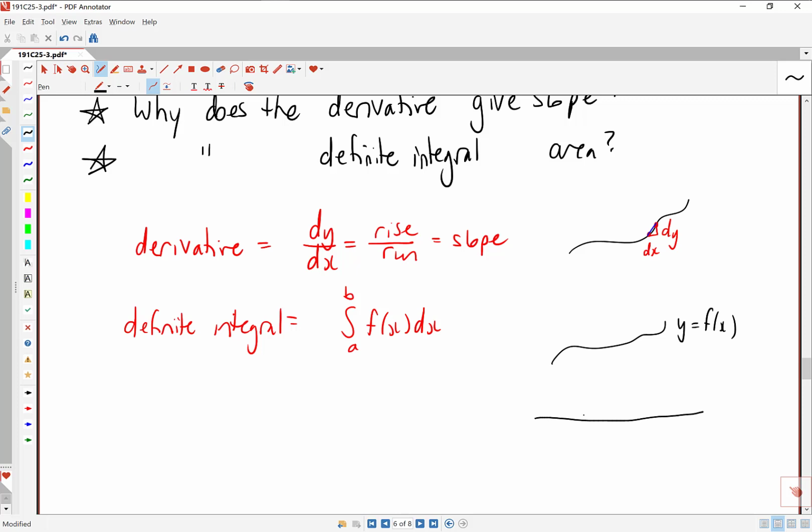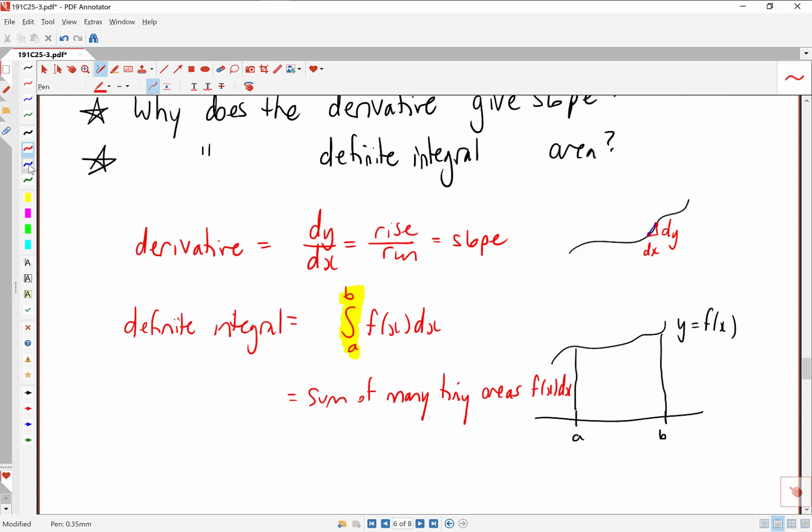And let's say you're interested in looking at this function along this little interval from a to b. So what this integral represents is a sum. We could say this is a sum of many tiny areas. Okay, and what are the areas? They actually have area f of x times dx.